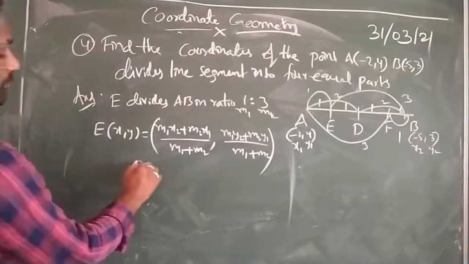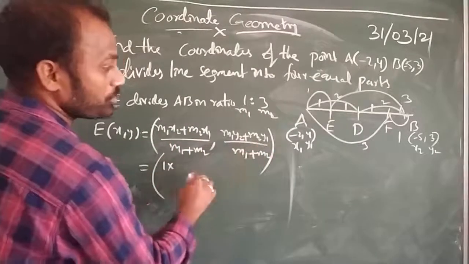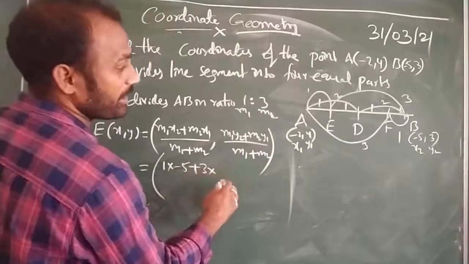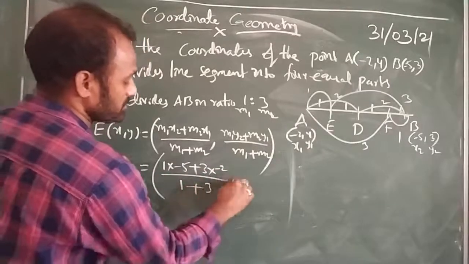Now let us substitute the values here. m1 is 1 into x2, minus 5, plus m2, 3, into x1, minus 2, divided by m1 plus m2, which is 1 plus 3.